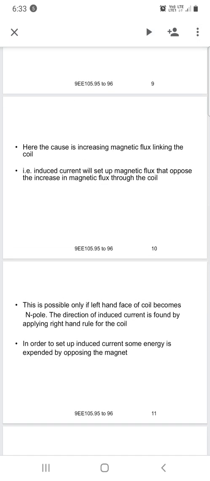Initially the EMF is produced in a conductor due to the current flowing through it, or the conductor placed in the magnetic field. This EMF is called the induced current, and it opposes the flow of the source current.